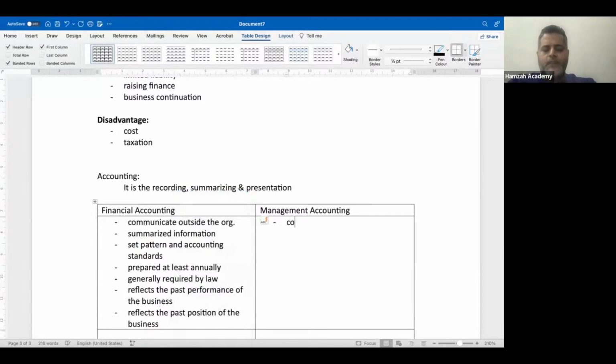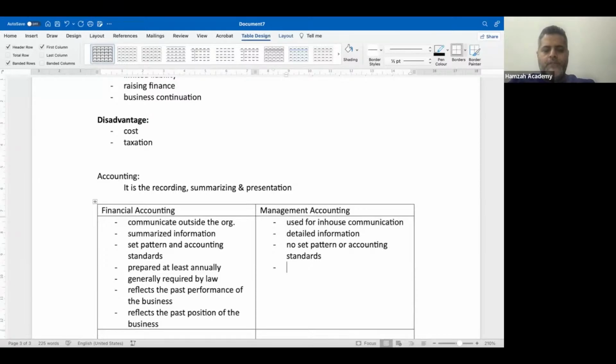Whereas management accounting is used for communication, I mean, we can say it is used for in-house communication, with detailed information, no set pattern or accounting standards.